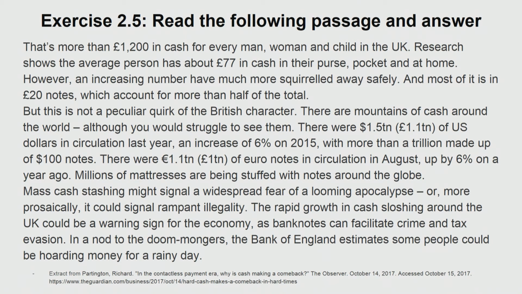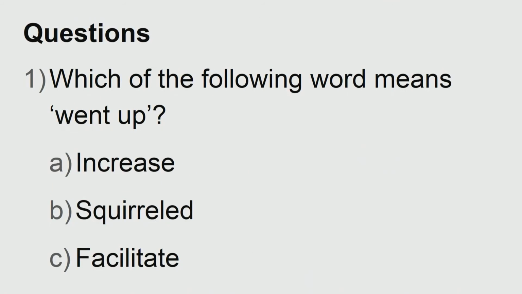Mass cash stashing might signal a widespread fear of a looming apocalypse, or more prosaically, it could signal rampant illegality. The rapid growth in cash sloshing around the UK could be a warning sign for the economy, as banknotes can facilitate crime and tax evasion. In a nod to the doommongers, the Bank of England estimates some people could be hoarding money for a rainy day. Here are your questions.